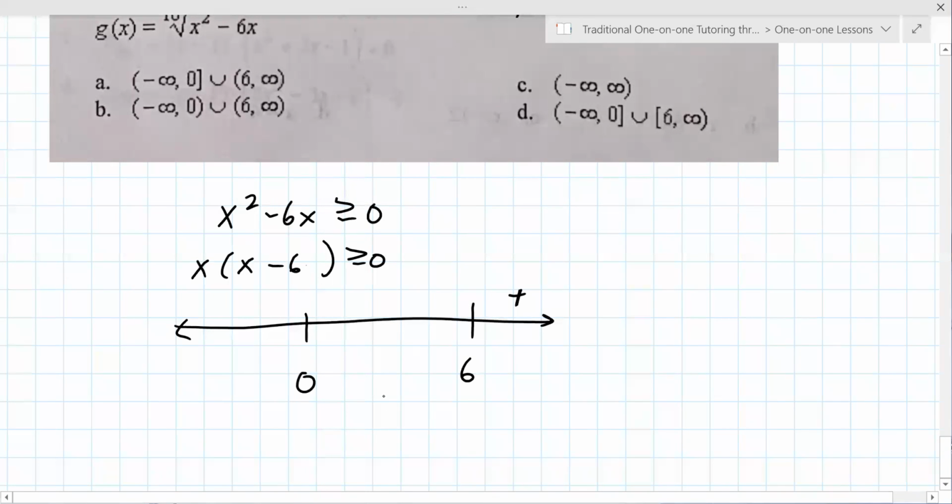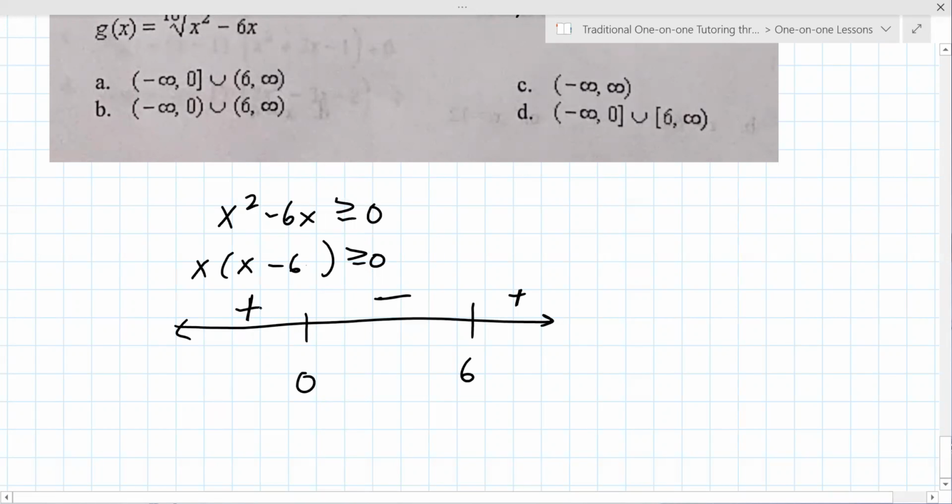But in here, let's say it's 3. It's 3 times 3 minus 6, which is negative 3. Positive times a negative is a negative. And then over here, let's say it's negative 5. Negative 5 times negative 5 minus 6, negative 11 inside here. Negative times negative makes a positive.